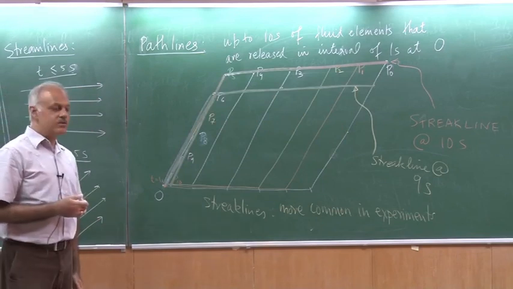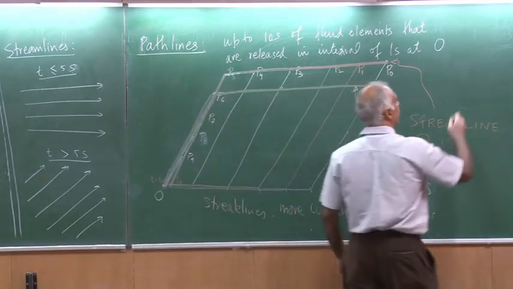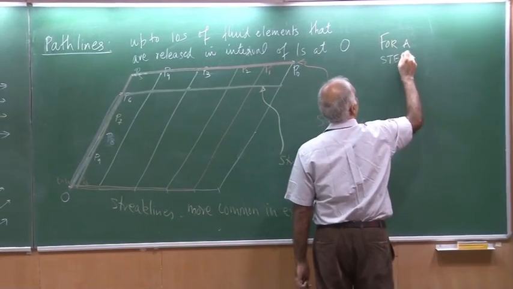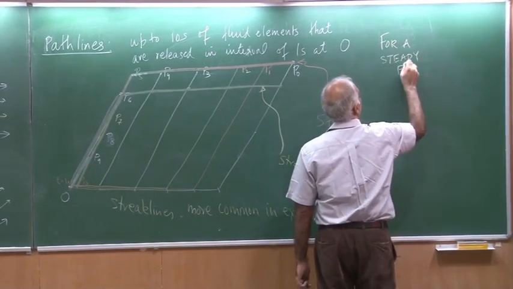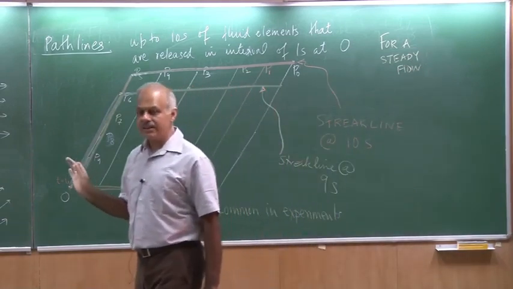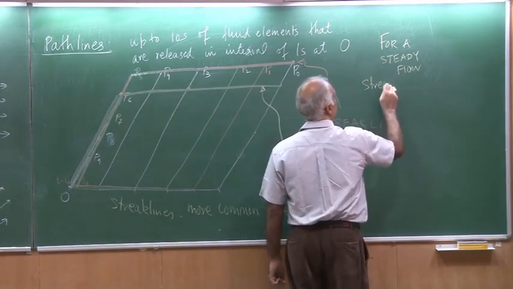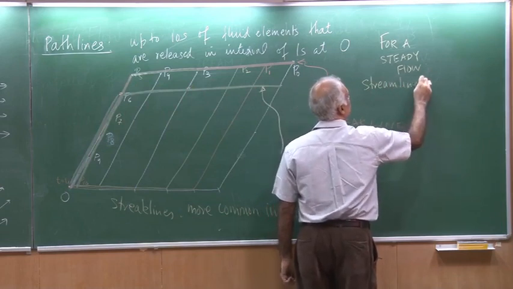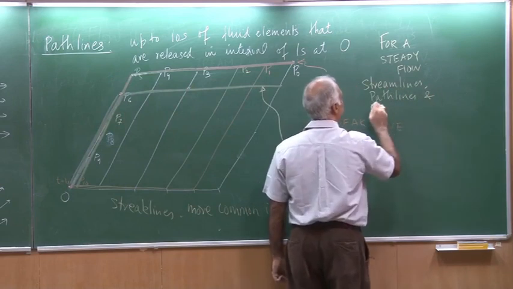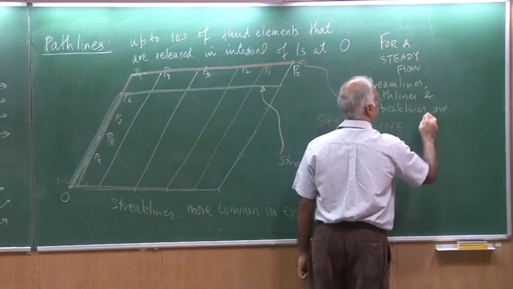There is one scenario where everything becomes very simple, and that is for a steady flow. For a steady flow, that means a flow that does not change with time in a certain frame of reference, your streamlines, path lines and streak lines are identical.